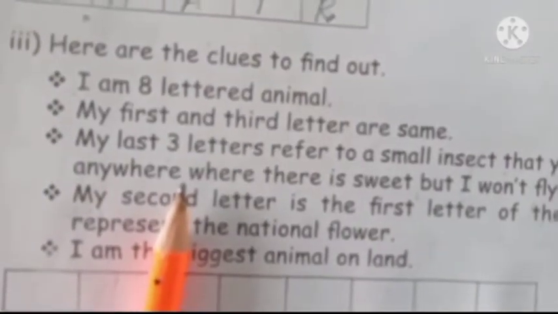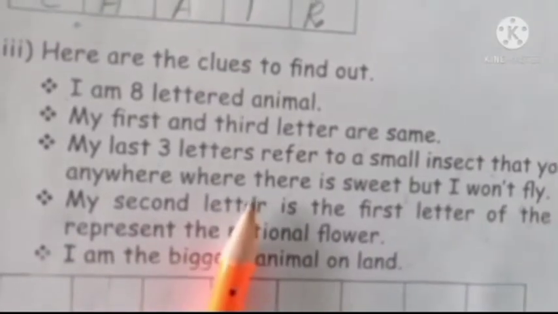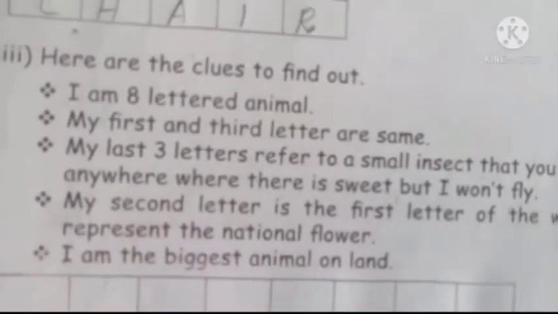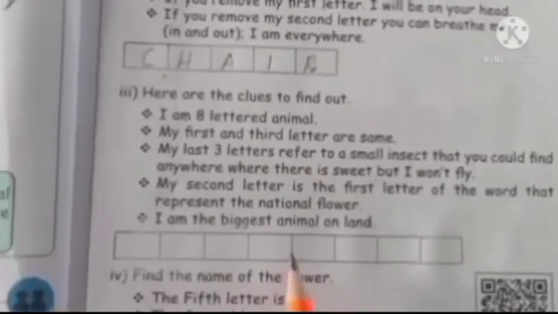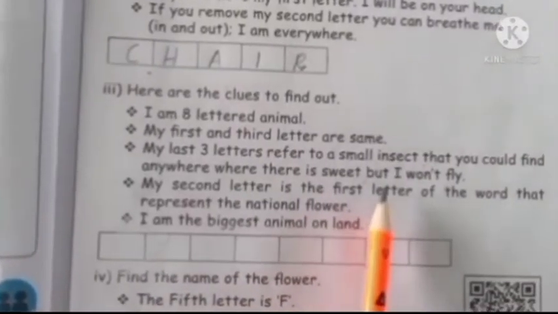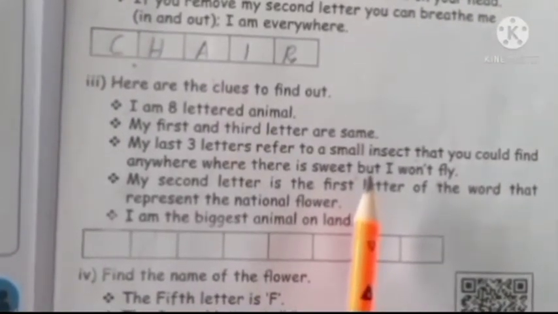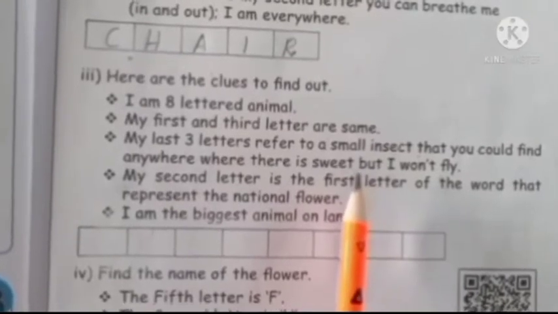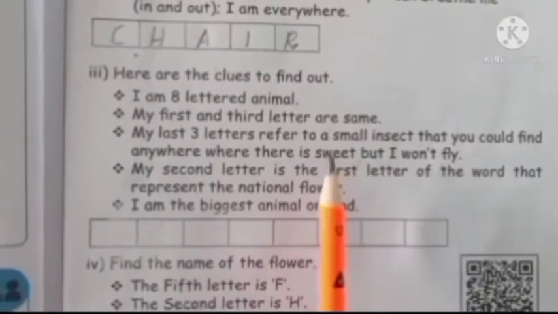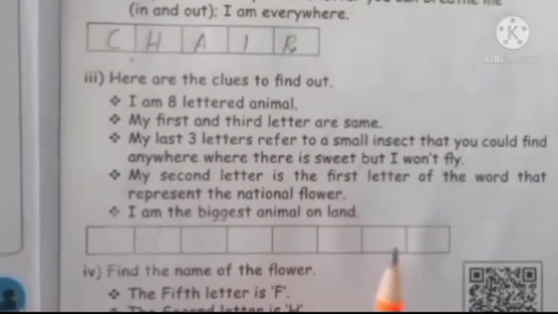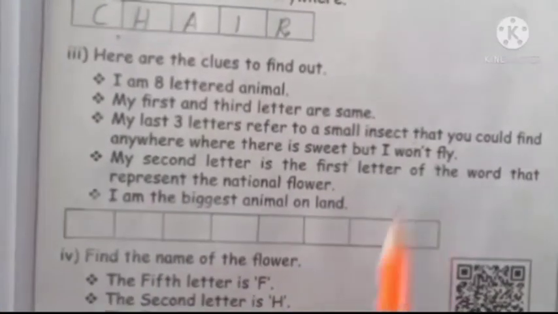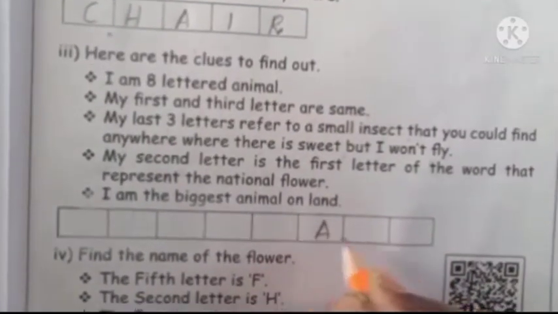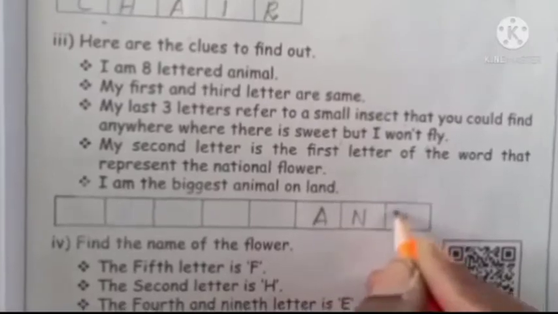Children, a small insect is in 3 letters. It can't fly. We can see it where there is sweet. That is ant. So we have to write ant in 6th, 7th and 8th place. A-N-T. Ant.